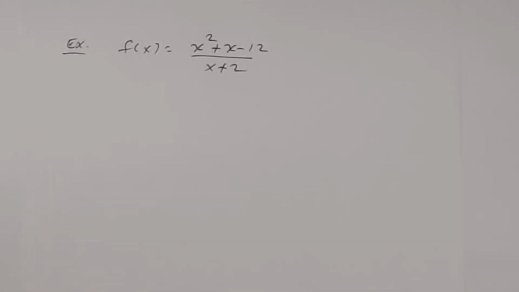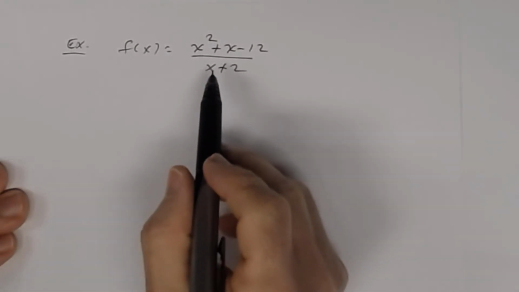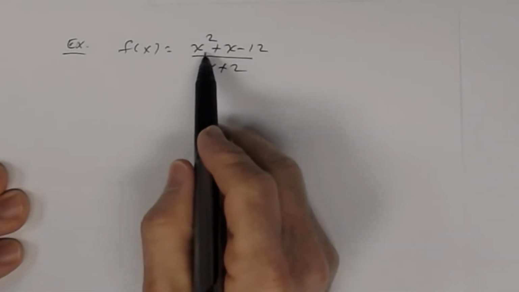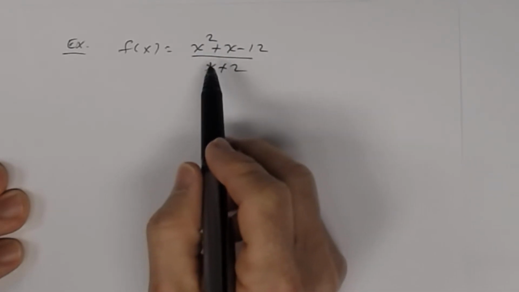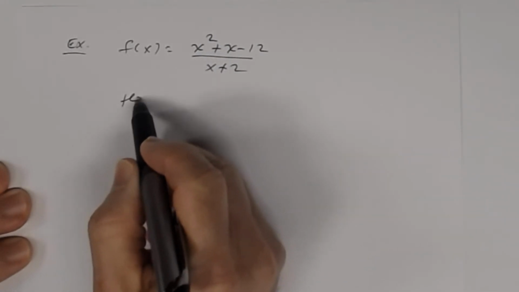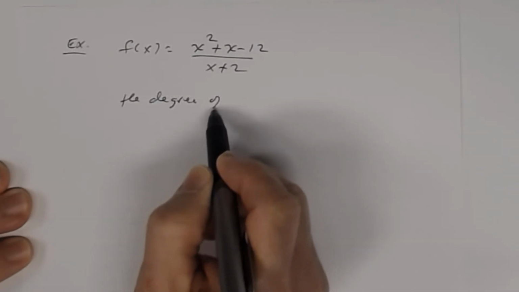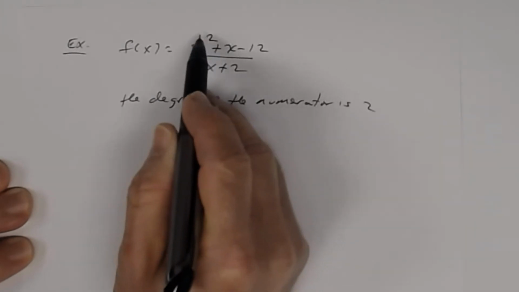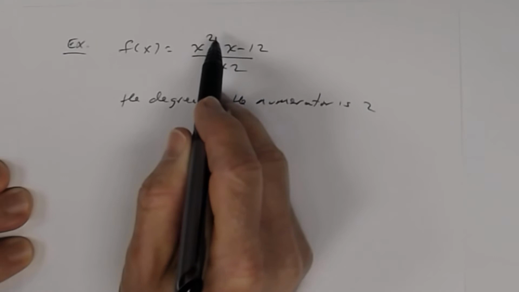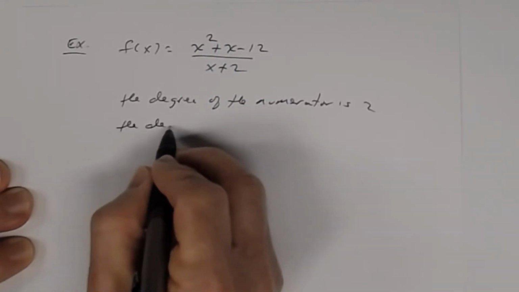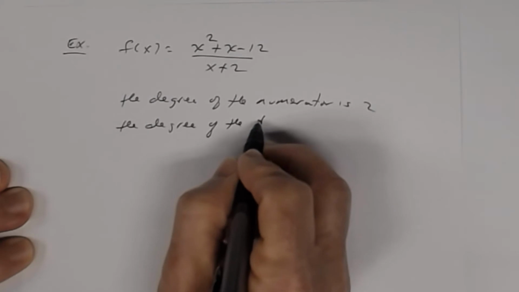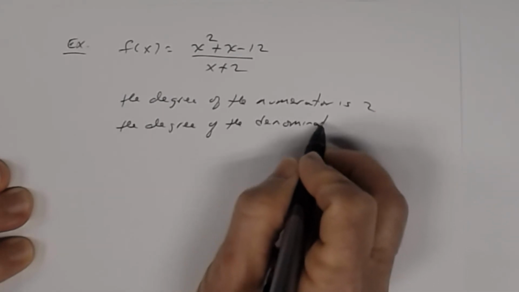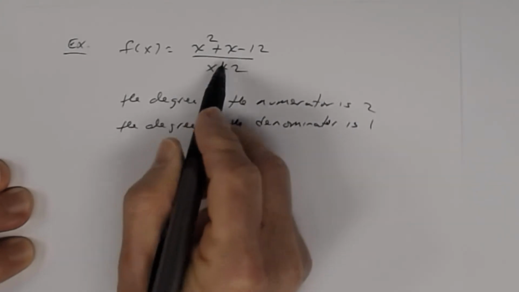Notice we have this function f of x, which equals x squared plus x minus 12 divided by x plus 2. In both cases, they are in descending order, so this is my leading term, and this is my leading term. The degree of the numerator is 2, the exponent of the leading term. The degree of the denominator is 1, x to the first.